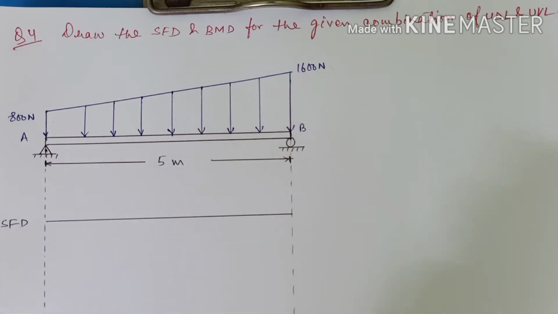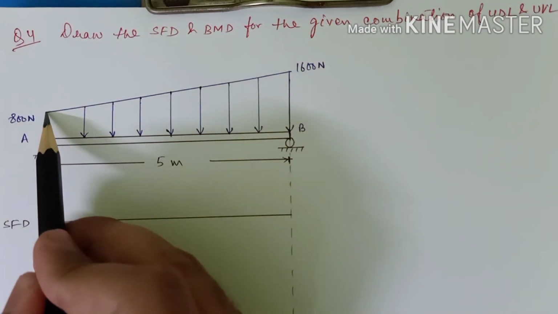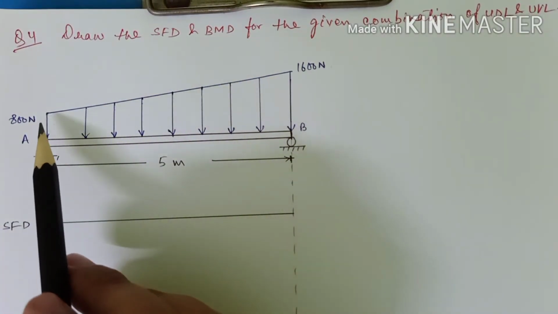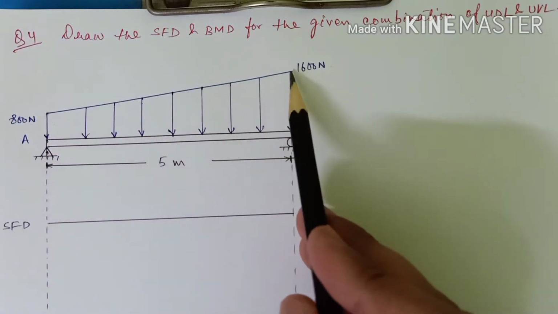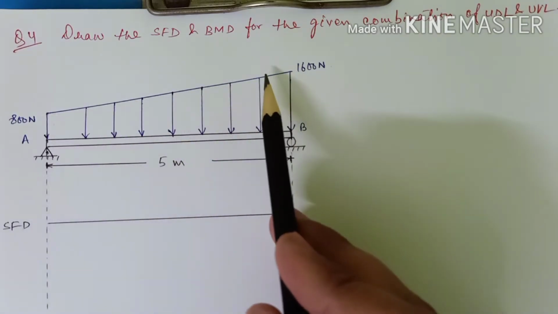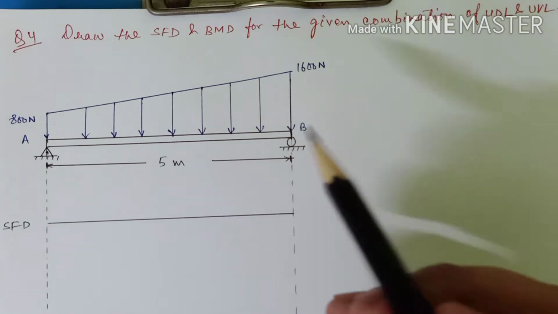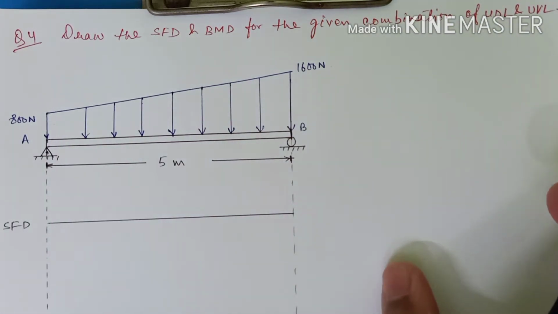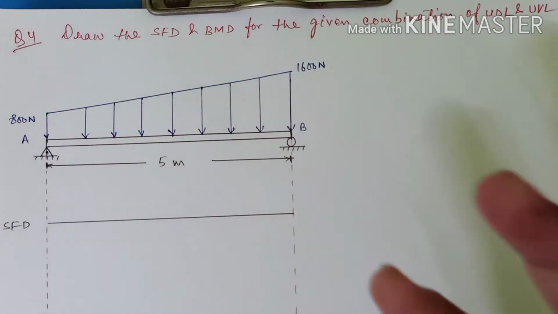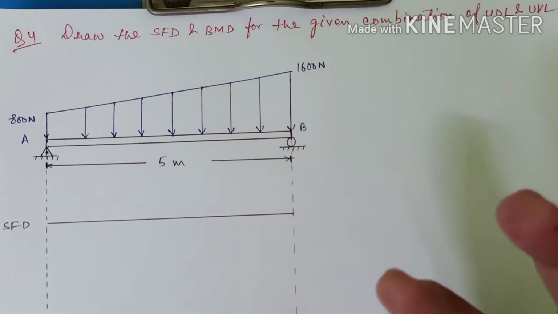But if you look here, the value is not increasing from 0, but from a certain value, that is 800. It is increasing from 800 to a value of 1600 uniformly throughout the beam, right? So basically we have to apply a different approach to solve this kind of problem.